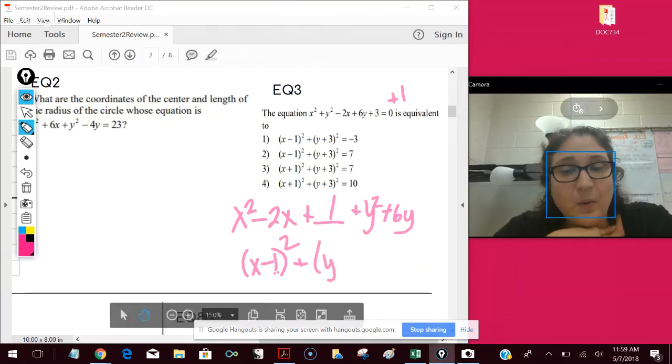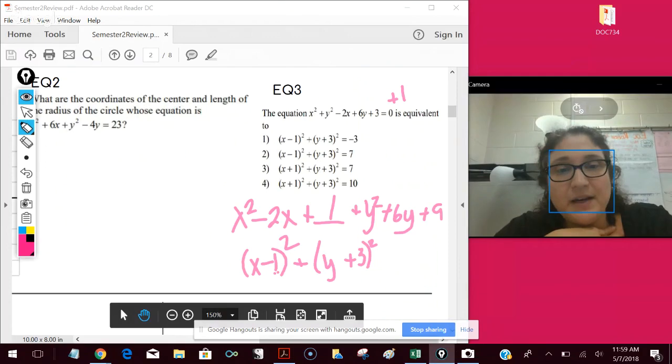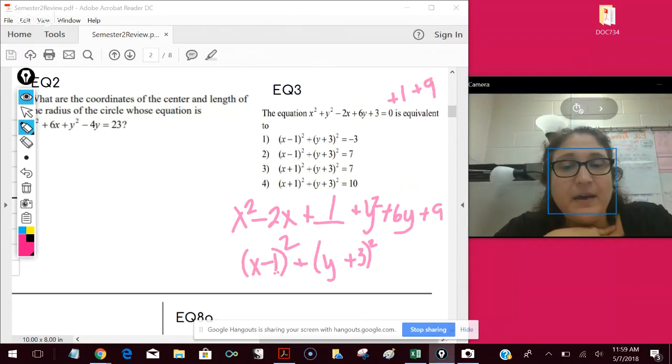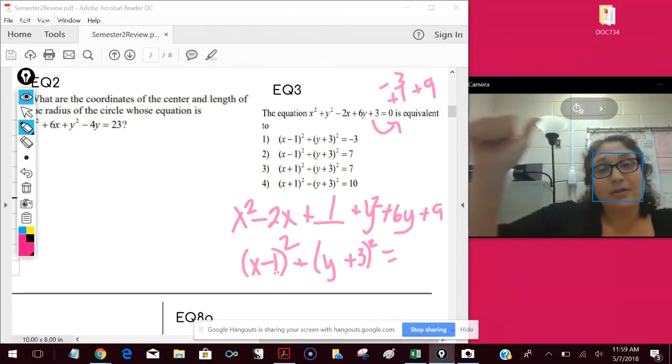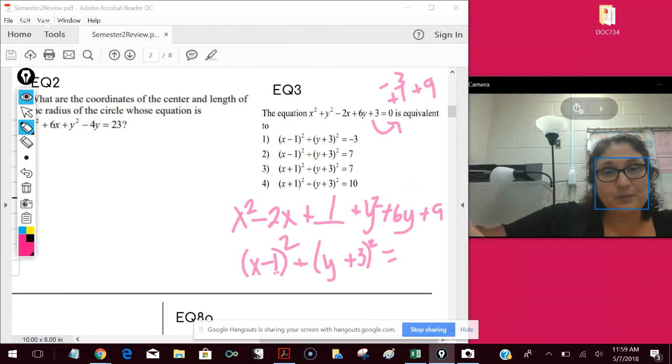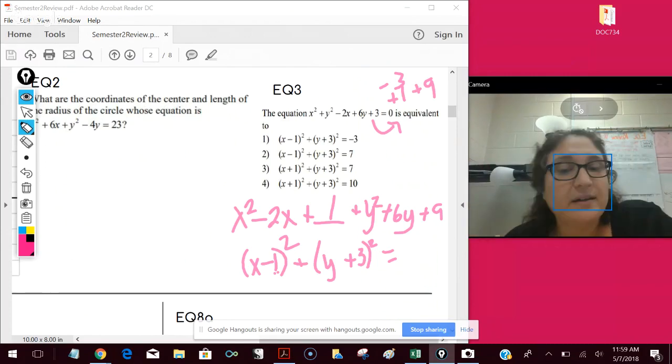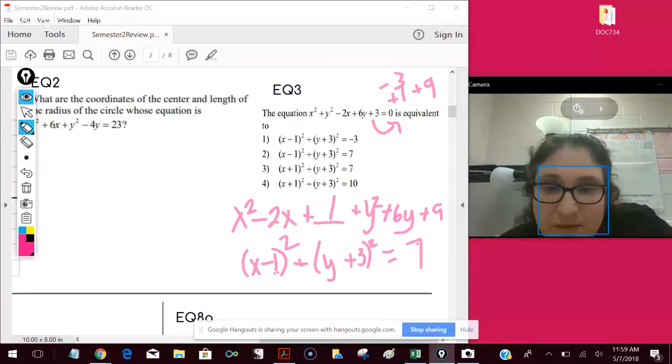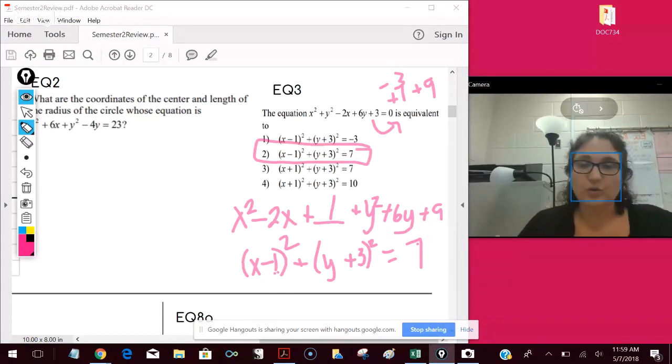Now it's going to be y, half of 6 is 3. 3 squared is 9, so I have to add a 9 over here. And then this 3 should have gone over here to begin with, so I'm going to make this a -3. So now I've got -3 plus 1 is -2. -2 plus 9 is 7. So our answer is choice 2.